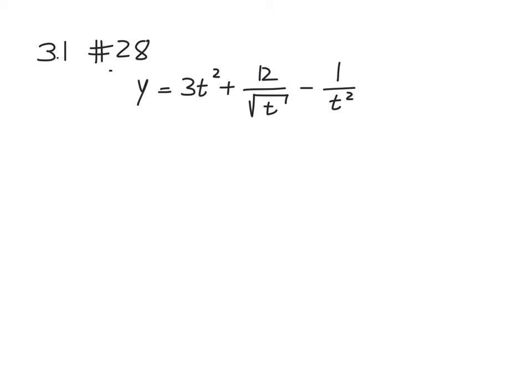But the way to differentiate these kinds of functions is just the same, right? It might look a little intimidating at first sight because we divide by the square root of t. That looks dangerous, right? But it's not really that different because the power rule, as I said before, is so universal. It applies to any kind of exponent.